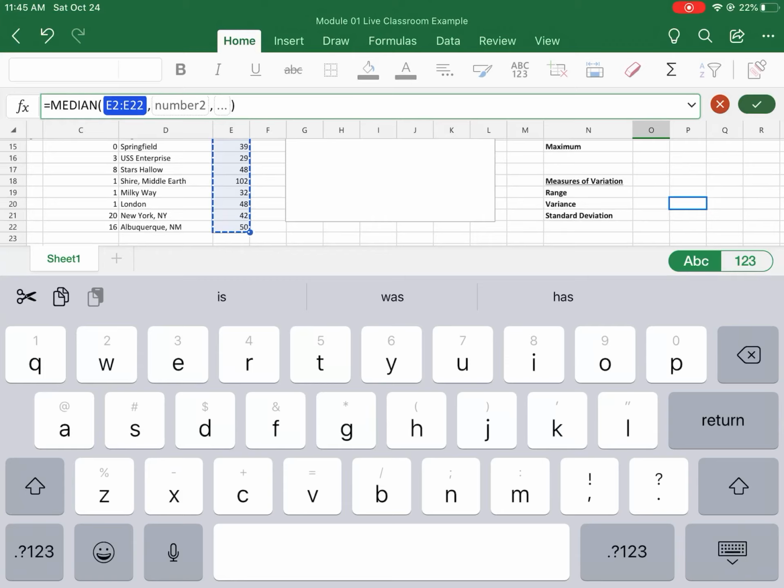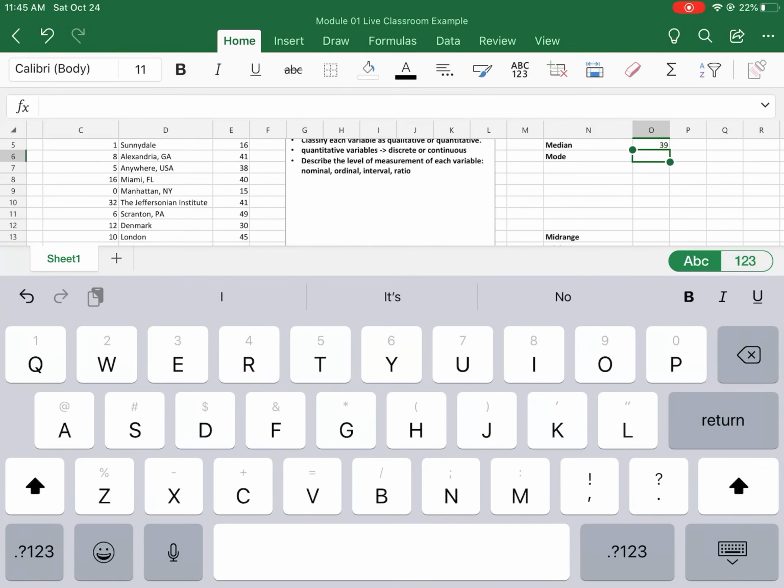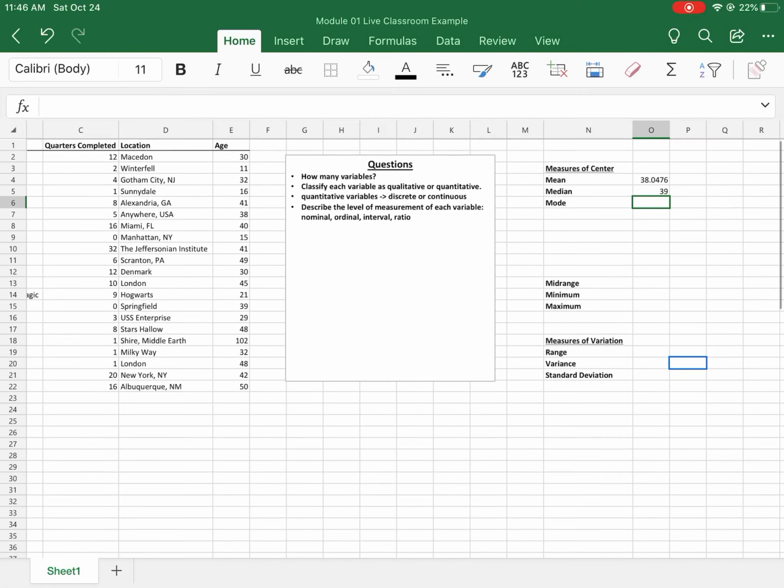So in that case, I would just do B2 to B365. Okay, here we go. And then I hit enter, and now I know my median is 39. And the nice thing is this is actually going to sort it for me. I don't have to actually sort it. If you were doing it by hand, that's when you'd have to make sure you put it in ascending or descending order, but with Excel, it'll do it for you.